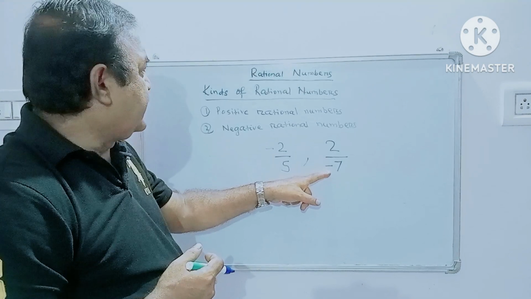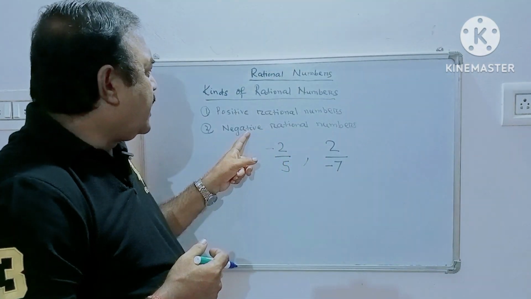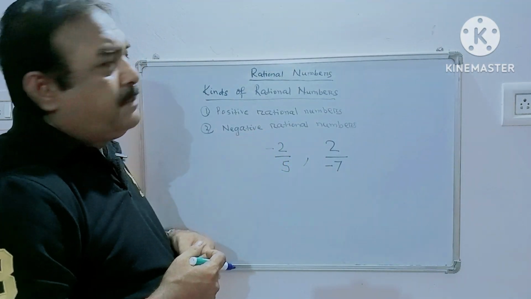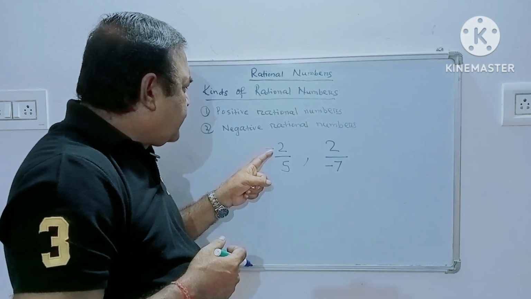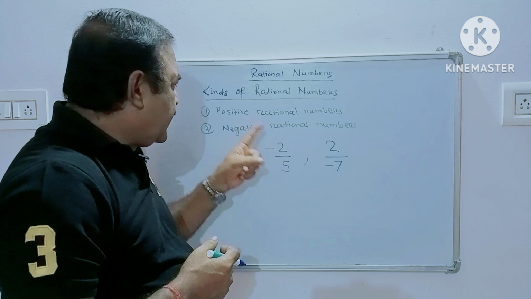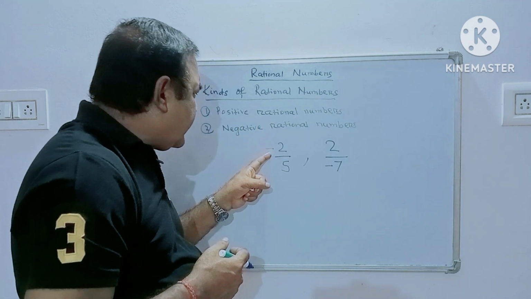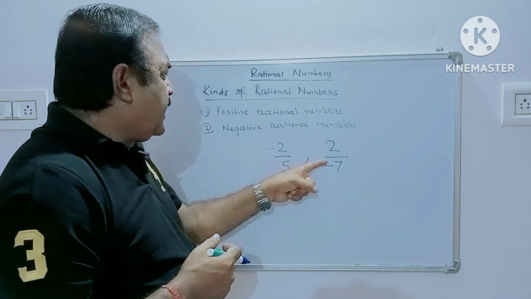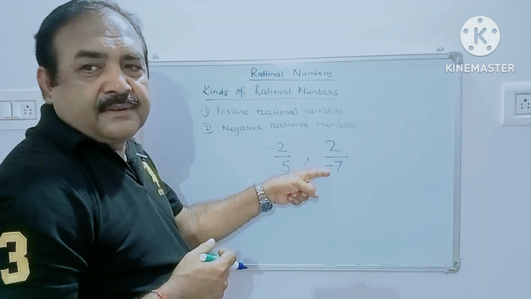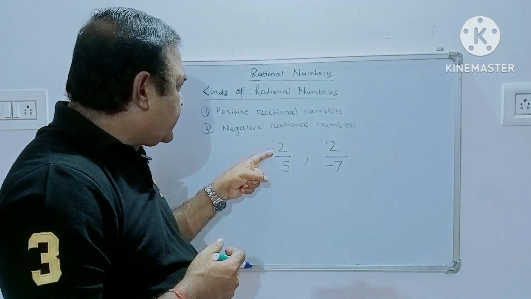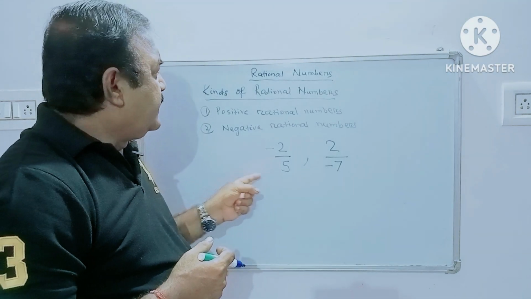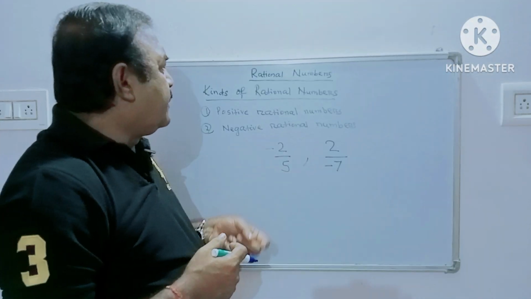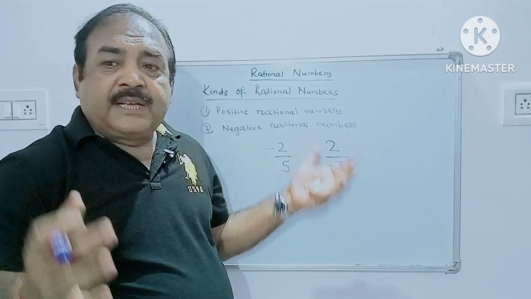In these cases, the rational numbers are called negative rational numbers.